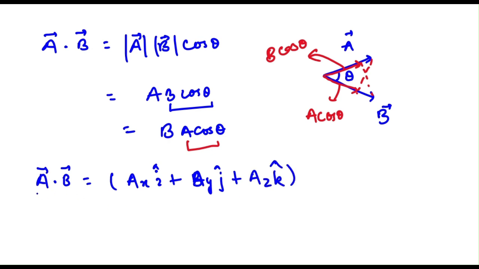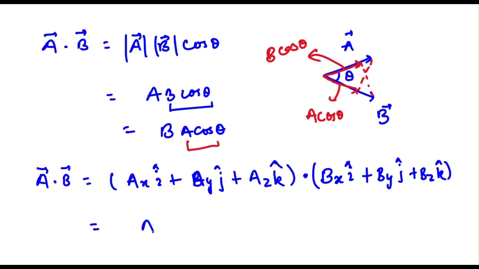What I have done here is resolve this vector along I cap, j cap, and k cap into its magnitudes, that is, along the x axis, y axis, and z axis. So in this particular case, we are using the Cartesian coordinate system. In the same way, we have to expand B in terms of its components: bx I cap, by j cap, and bz k cap.